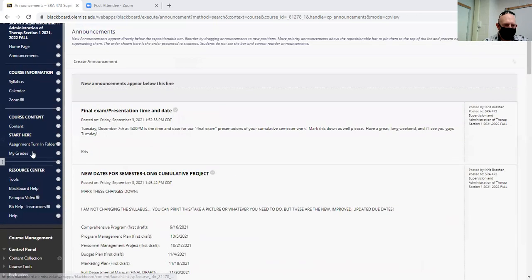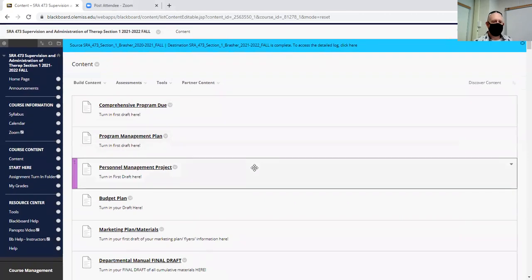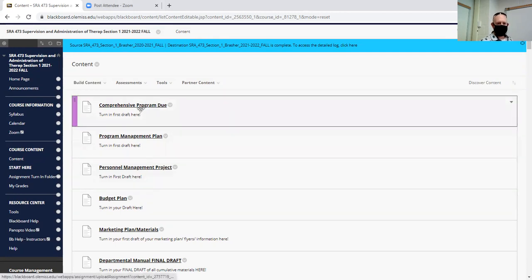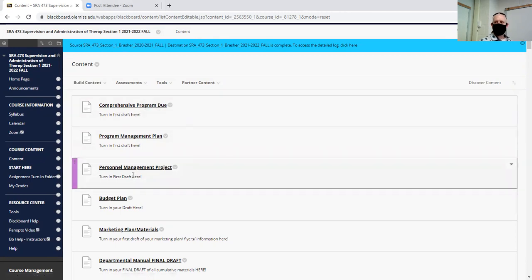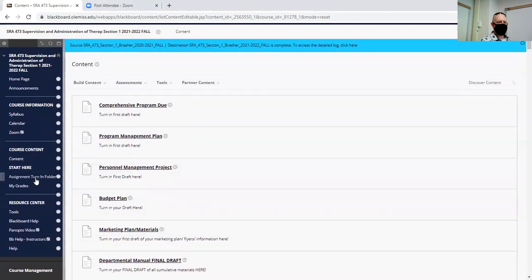Let me also show you under the content here, I moved them all up to the top. Now, if you go to Blackboard and you click on content, this is where you turn in your stuff. Okay. It's right there under content.